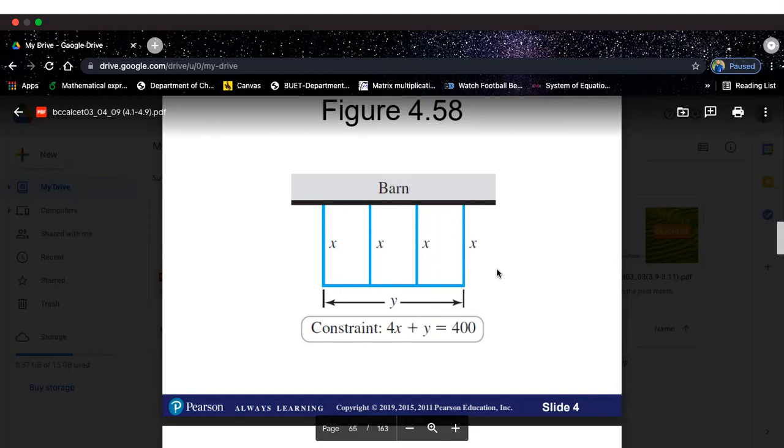Remember, it's not the perimeter, so you can't really add all the sides. It's still the total length I need, but it's different than perimeter. The total length where I need to create the fence is 1x, 2x, 3x, 4x, 4 of this x plus this y. Do you agree?